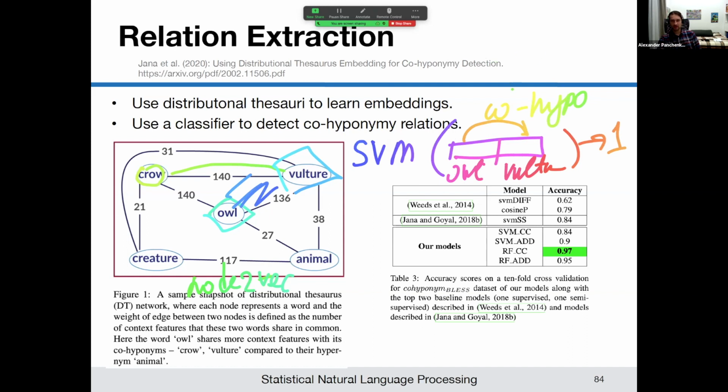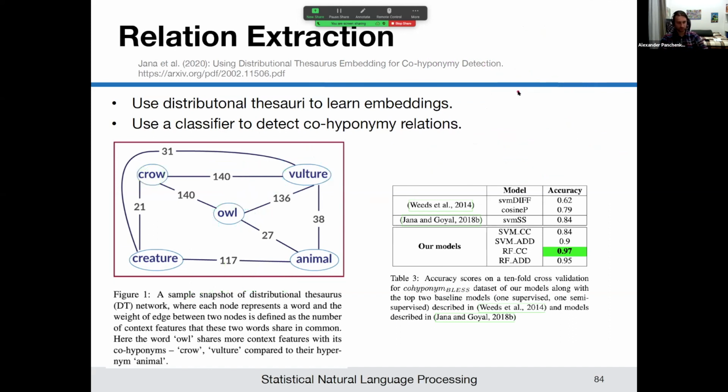Co-hyponymy is a sibling relation. If you have animal, cat, and dog, the relation between dog and animal is hyperonymy, but the relation between cat and dog is called co-hyponymy. So in this experiment, they try to predict whether a pair of words is co-hyponymy or not.